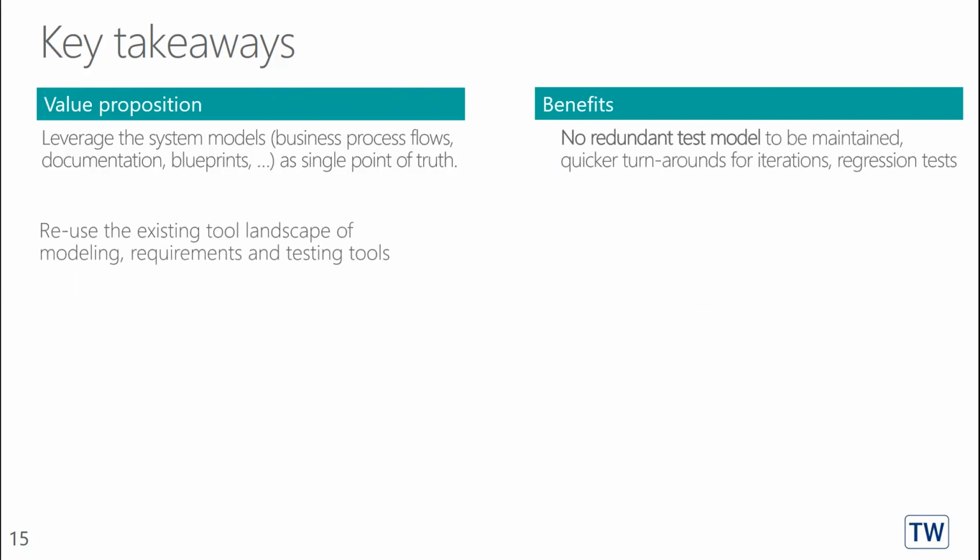We reuse the existing tool landscape, and for the modeling part, maybe you have your own tooling for requirements management. It might be Excel, or a tool like IBM Requisite Pro, and the testing tools. The benefit is that there's no tool training for the teams, and the team can really concentrate on implementing the methodology, for example, CMMI levels, and on the automation of test cases without the need to learn new tooling.